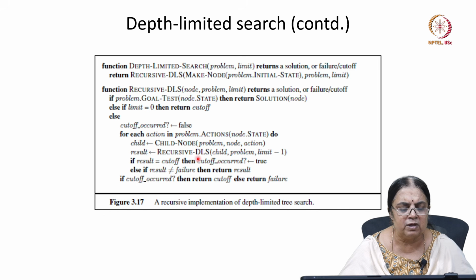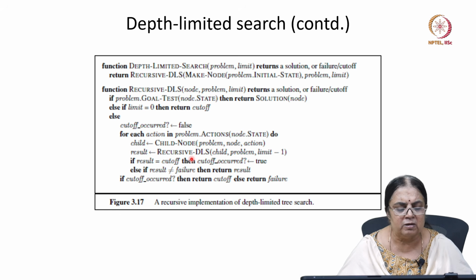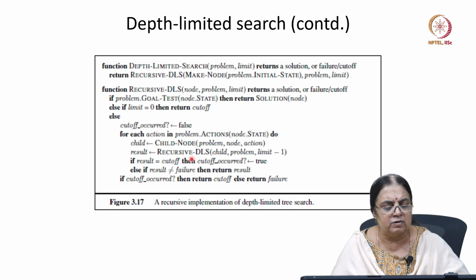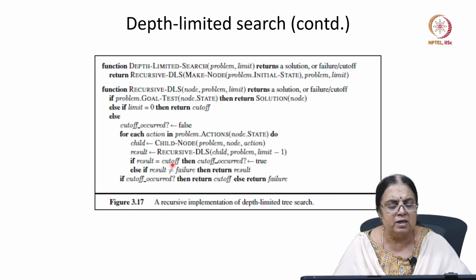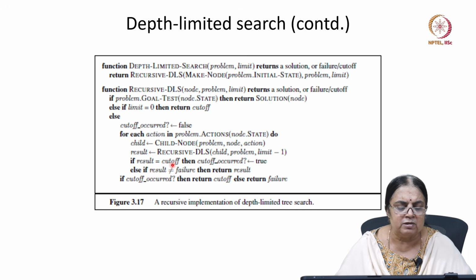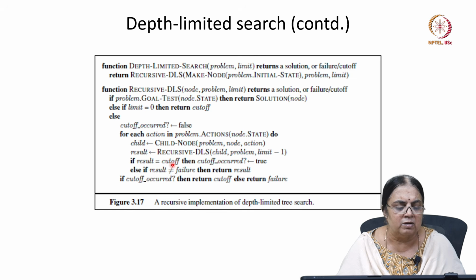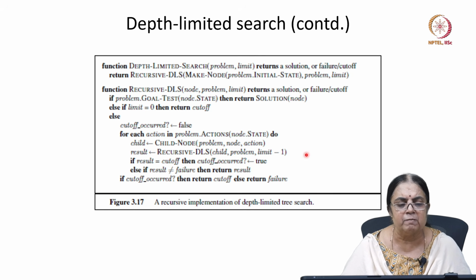So this is the depth limited search over here, where recursive depth limited search is used. You carry out the recursive DLS on the child. It's a recursive procedure, and you are using a cutoff here. That's the depth limited part: if it goes beyond the cutoff, then you stop.